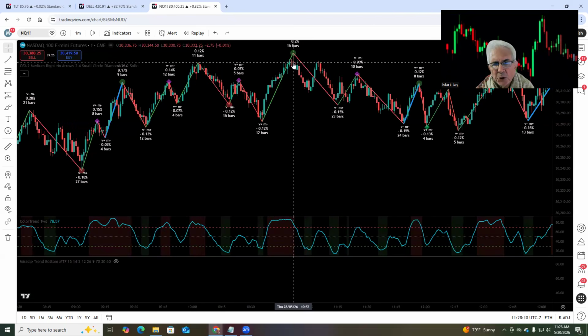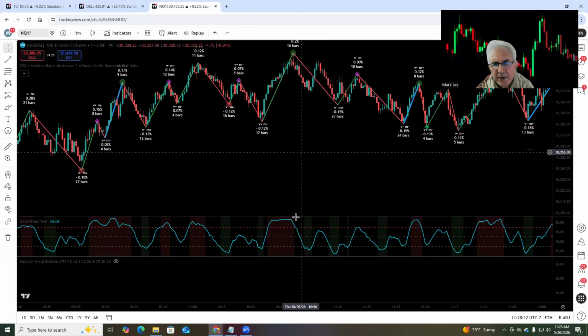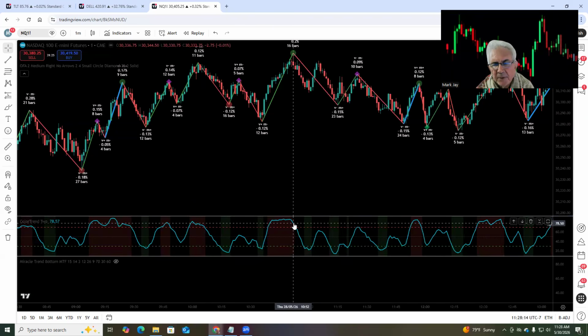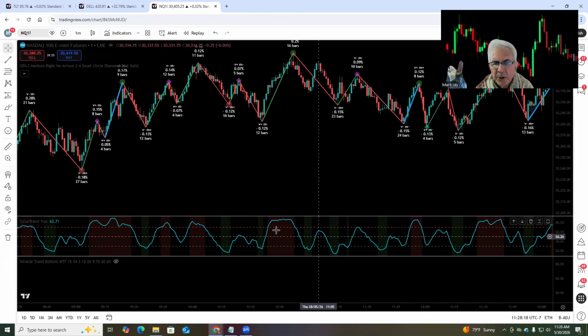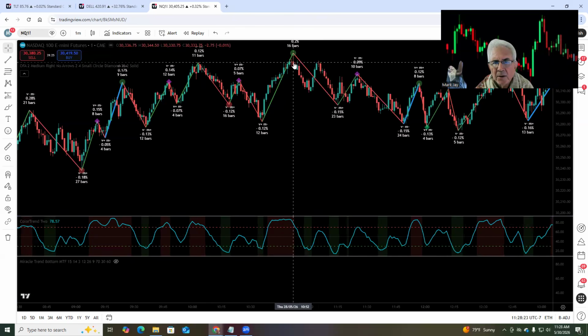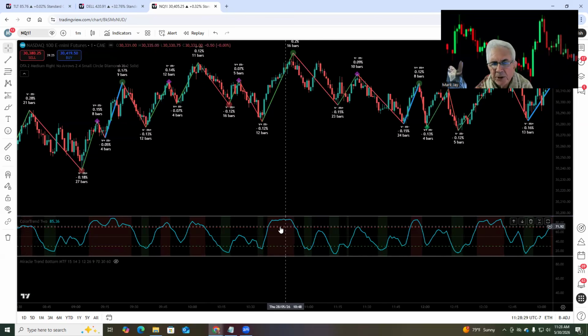Here is a short that happened at the very edge of this oscillator here, which helps us with short-term direction. The order flow signal occurred right at the edge of a turning point, and we'd rather see it more in the middle somewhere without the edge occurring.